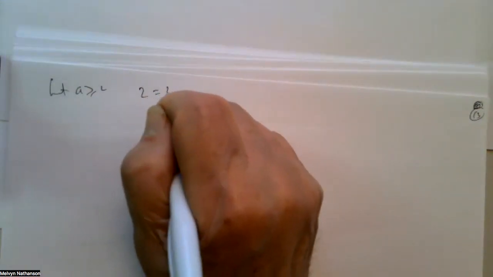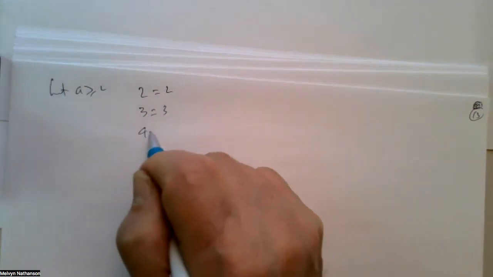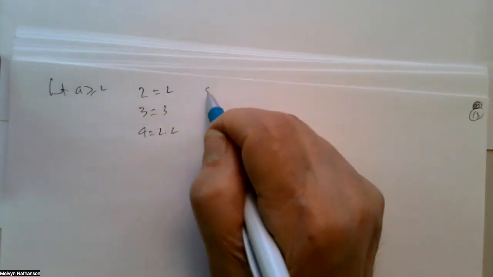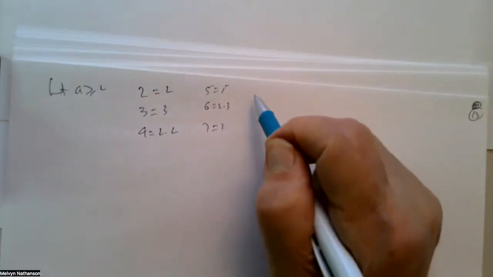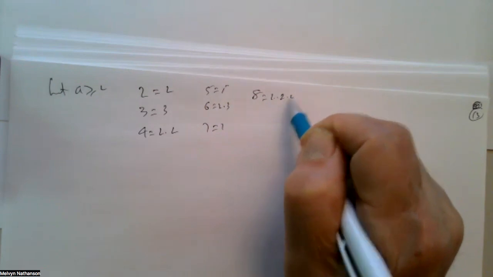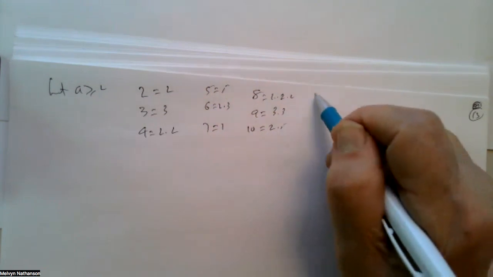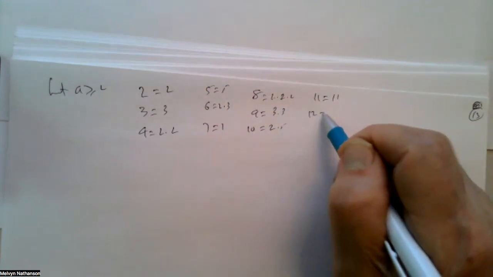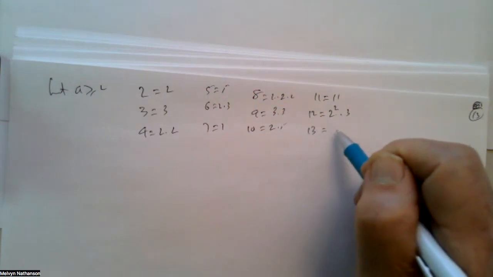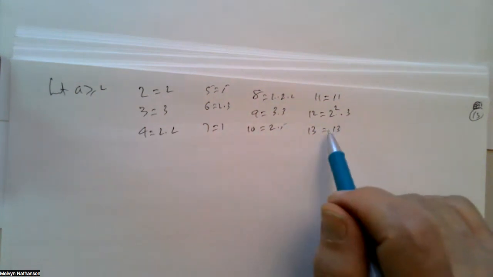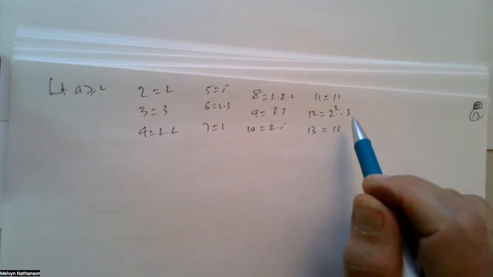Well, 2 is 2, it's a prime. 3 is 3, which is a prime. 4 is 2 times 2, it's a product of primes. 5 is 5. 6 is 2 times 3. 7 is 7. 8 is 2 times 2 times 2. 9 is 3 times 3. 10 is 2 times 5. 11 is 11, that's a prime. 12 is 2 squared times 3, 2 times 2 times 3. 13 is 13.